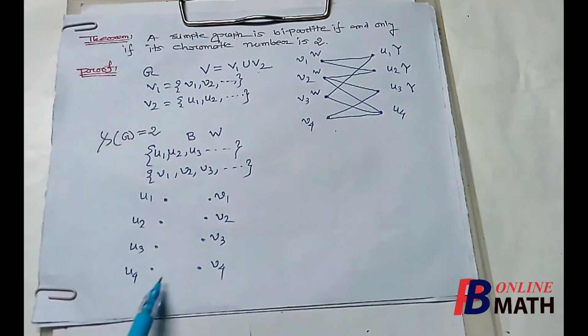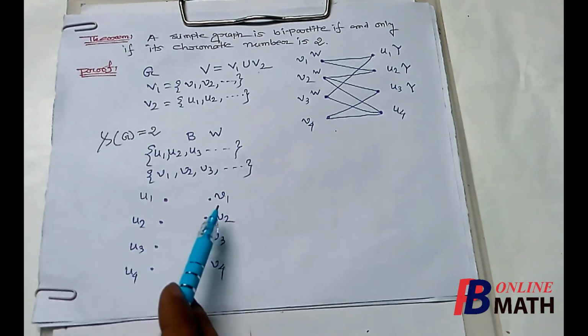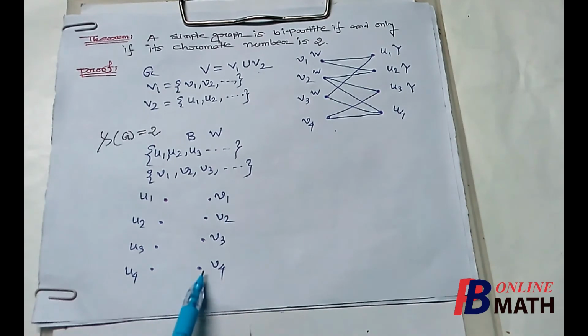So all the vertices U1, U2, U3 are colored black, and all the vertices V1, V2, V3, V4 are assigned white color.